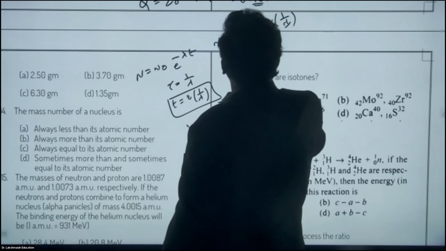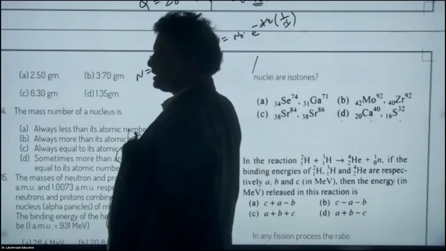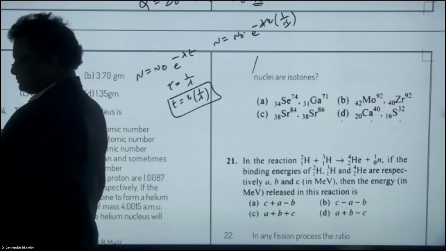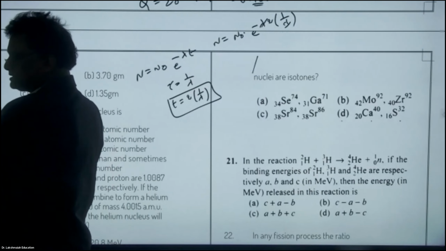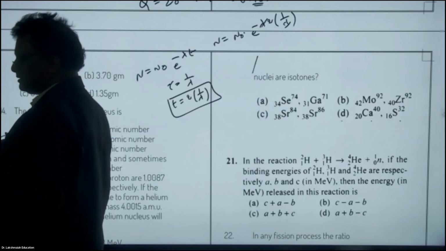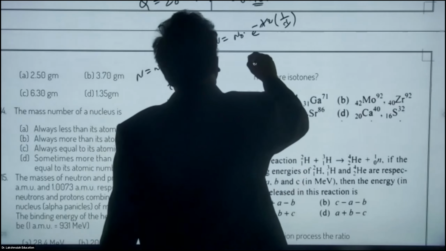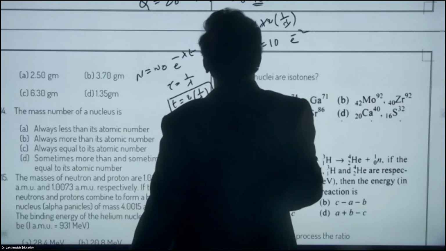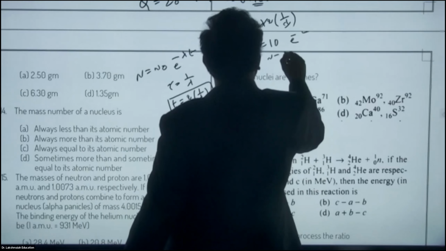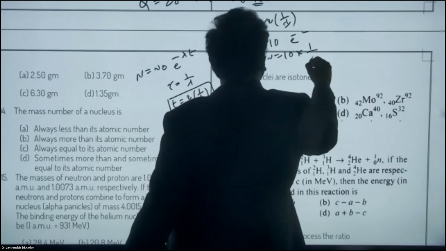Those two can cancel, and you write N naught they have given. What's the N naught they have given? 10. Therefore N is equal to 10 into e to the power of minus 2. That is N is equal to 10 into 1 by e square.